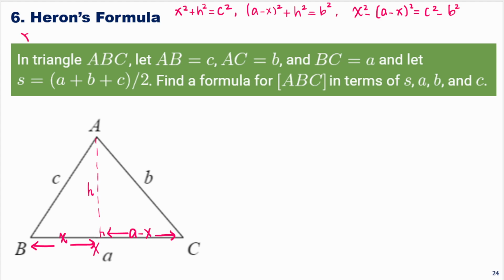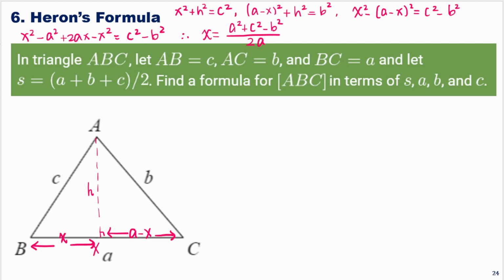Therefore, we have x squared minus a squared plus 2ax minus x squared equals c squared minus b squared. And therefore, we can solve for x, which equals (a squared plus c squared minus b squared) over 2a, right? We know a, b, c, so x is solved.